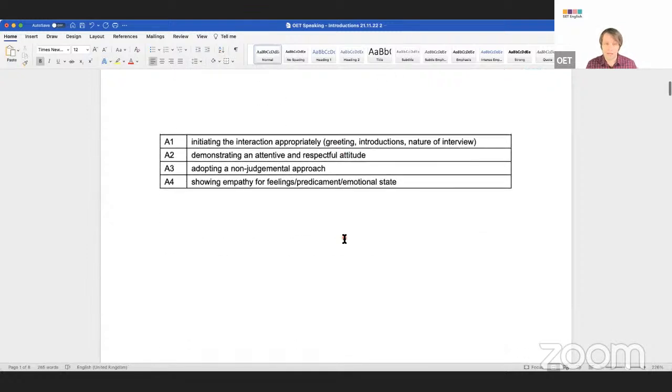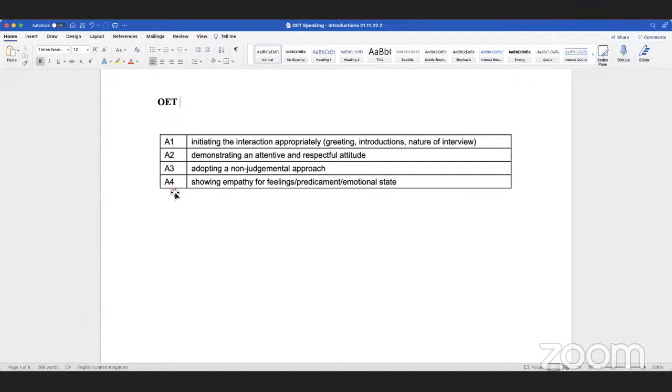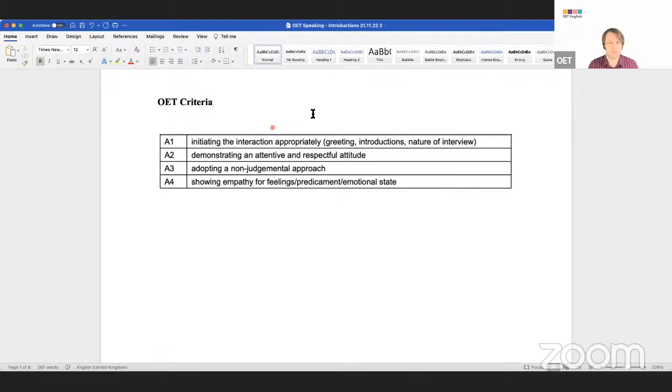The last class, I showed you this. What are we looking at here? This is the OET criteria. Does anyone know which one this is? Relationship building. Okay.